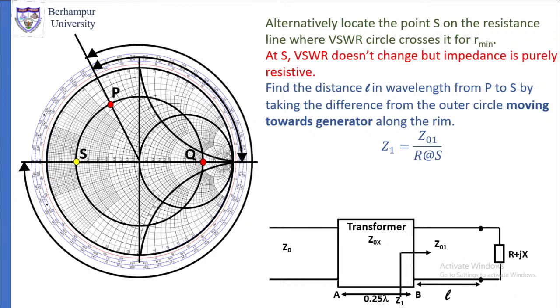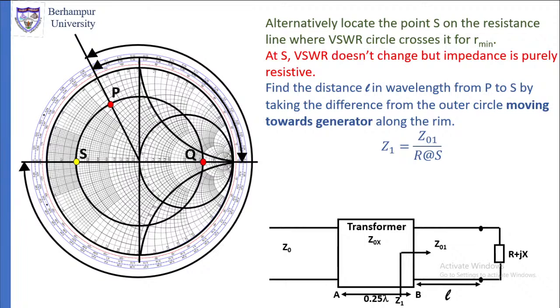In the outermost circle there is an arc from P to S. You have found P to Q, so take that P to Q value and add to that 0.25 lambda, because from Q to S we are moving an angle of 180 degrees, which is equivalent to 0.25 lambda.